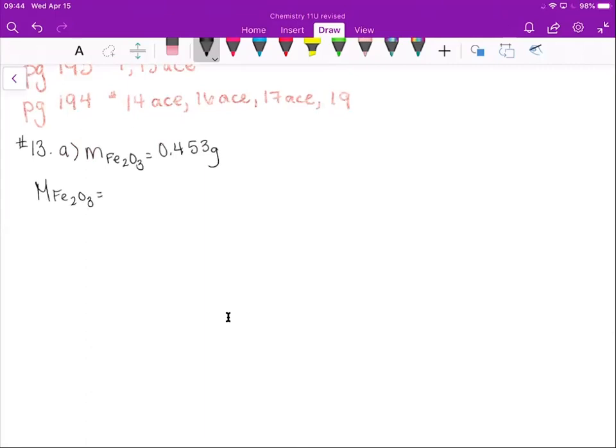So let's calculate the molar mass. I have 55.85 times 2 plus 16 times 3, which is 159.70 grams per mole. When I want to find the number of moles, it's mass divided by molar mass.